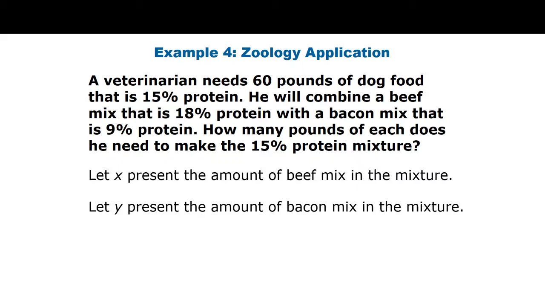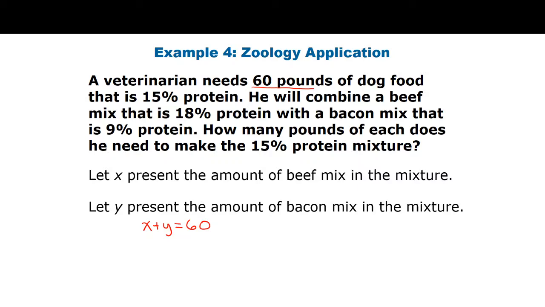So what we know is beef, which we'll say is x, plus bacon, which we'll say is y, is going to equal 60 pounds. He needs 60 pounds of dog food, so the dog food is going to be made up of bacon and beef, and in the end we're going to have 60 pounds of dog food.